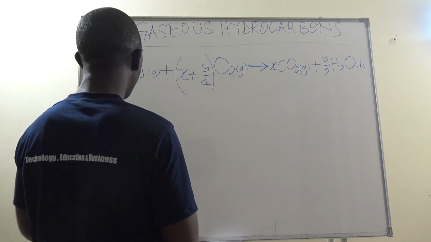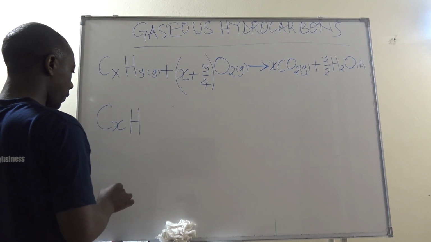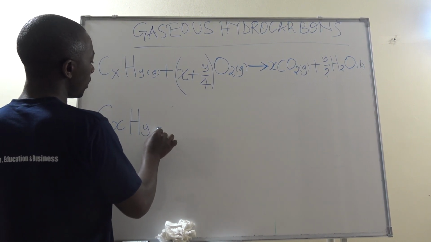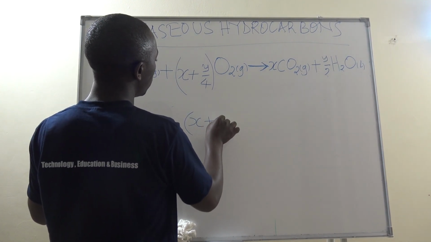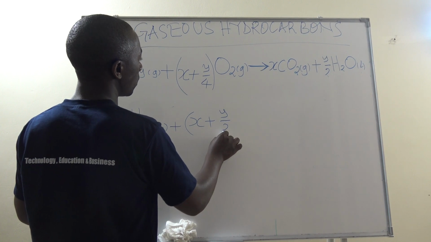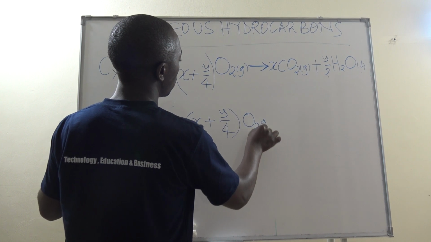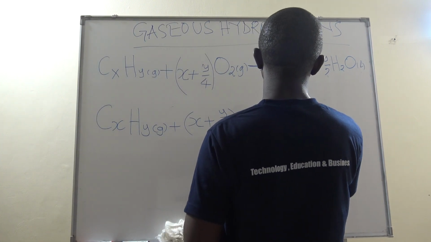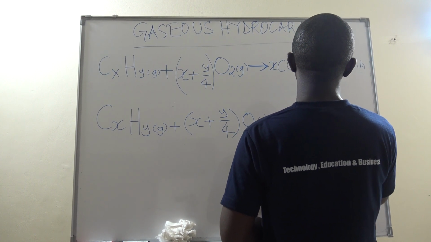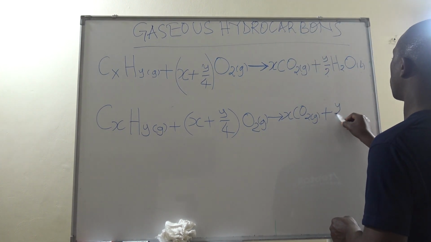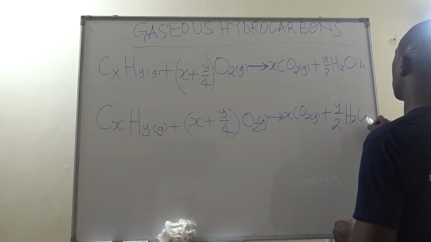So to be very smart, we can say this is C x H y, where x is not known, and we are saying this is a gaseous hydrocarbon reacting with excess oxygen in the gaseous state to obtain x carbon dioxide gas plus y over 2 water molecules.